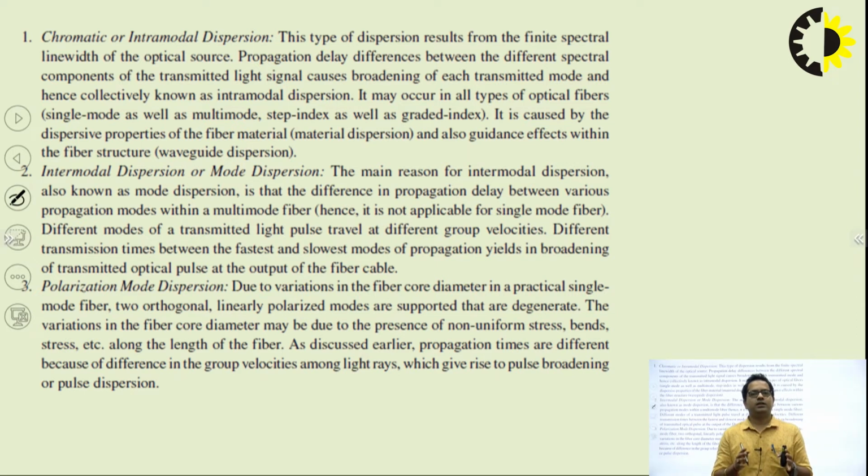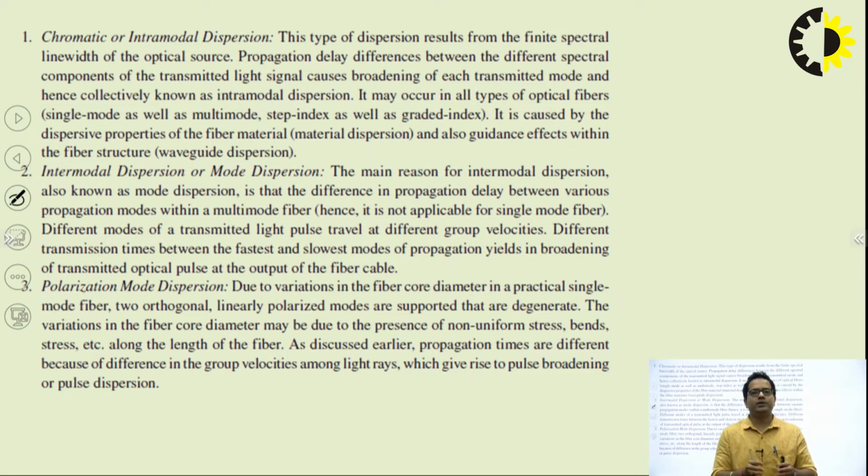There is a propagation delay between the different frequency components of the transmitted light, because there is a finite line width of the optical source, and within that line width multiple frequencies are included.